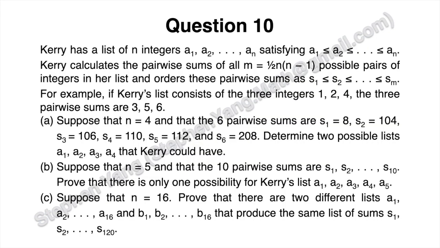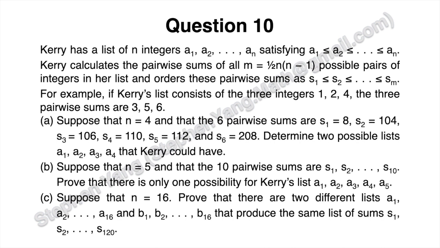So question 10 is: Carrie has a list of n integers, a1, a2, up to an, satisfying that a1 is less than or equal to a2, and a2 is less than or equal to a3, and so on, up to less than or equal to an.